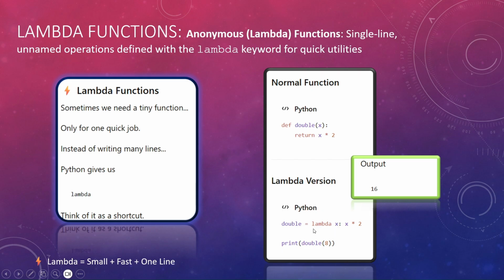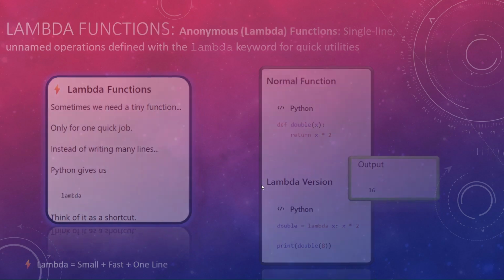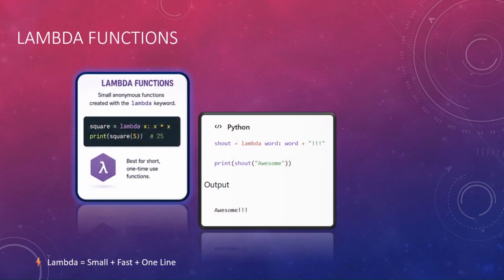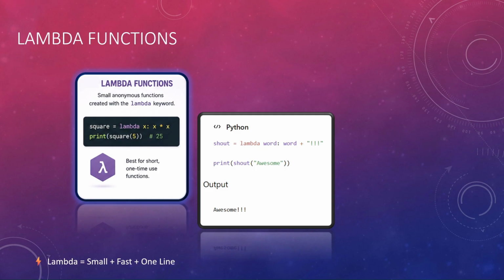There is no name or definition given to this function, but you apply it and it gives the same result in a single line. So this is just a shortcut. It is small, fast, and a one-liner. Here we have seen lambda functions, small anonymous functions, x * x. 5 squared is 25. So this is a simple one-liner function call, correct?